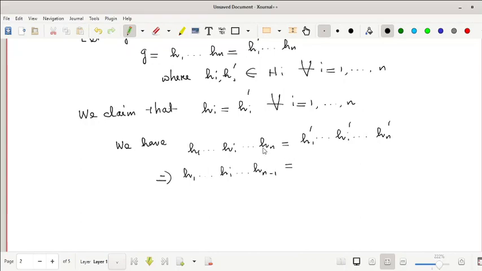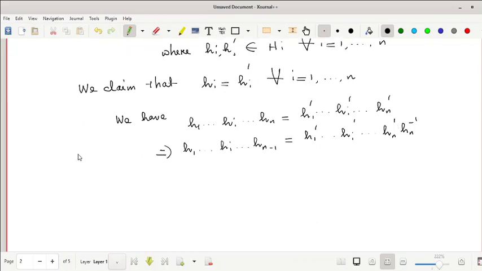If I multiply on the right side by hn inverse, I'll get this is equal to h1 prime ... hi prime ... hn prime hn inverse. Right? We'll get that. Okay, fine. What else? This another thing.